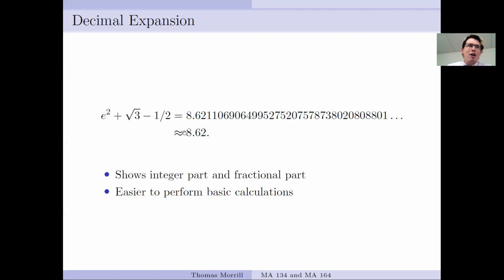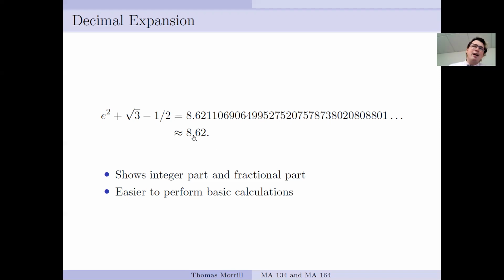And then how far from 8 is this real number? It's off by 0.62 and change. And this representation makes it much easier to perform basic calculations. Like if I had to square this number, I'd expect that to be something a little bit bigger than 64, since I know that 8 squared is 64, and the squaring function is an increasing function.